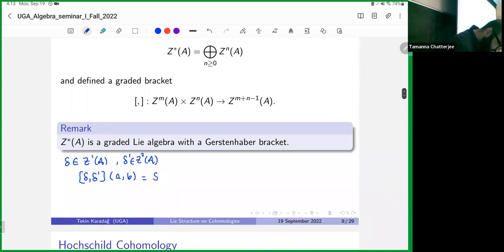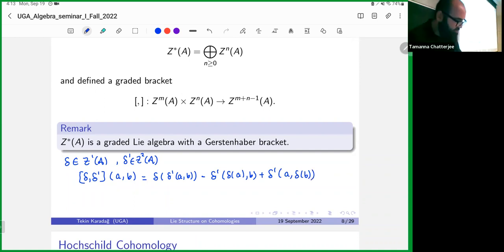And that is going to be delta prime minus delta prime, delta 2, and plus delta prime. So it is defined for degree 1, and we have no question.